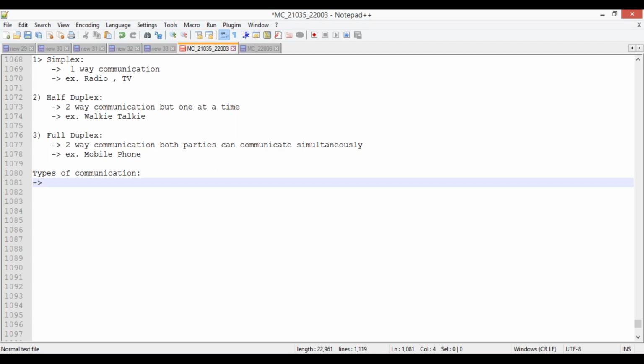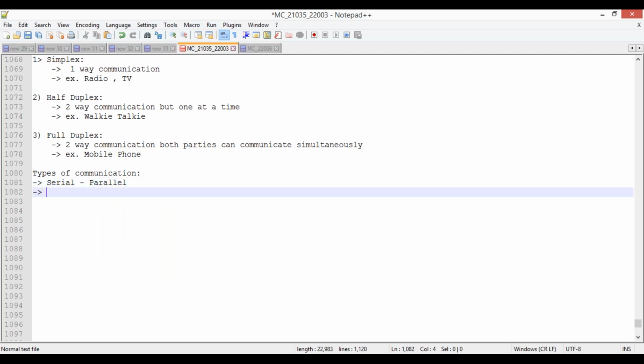One bit is getting transmitted at a time. Multiple bits can be transmitted. What is it called? I'm giving you some hint. Yes, so you can have serial, parallel communication. What else?